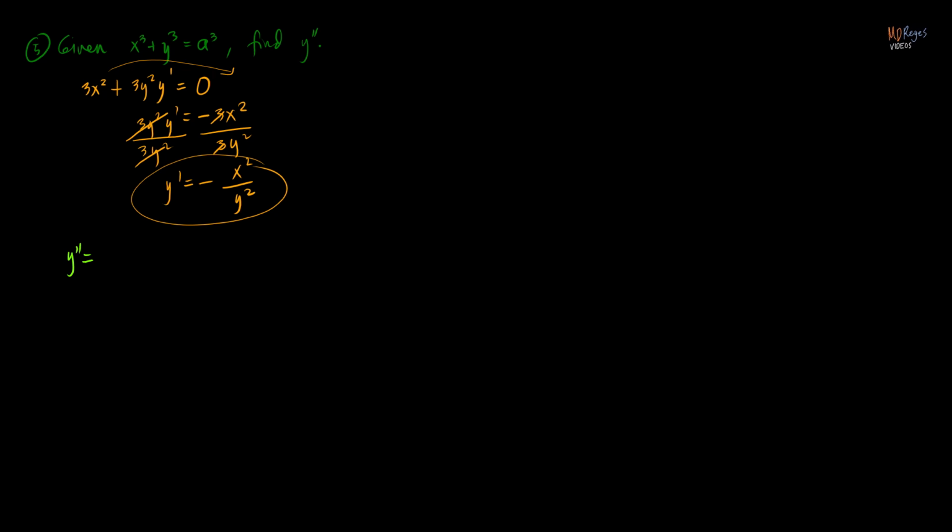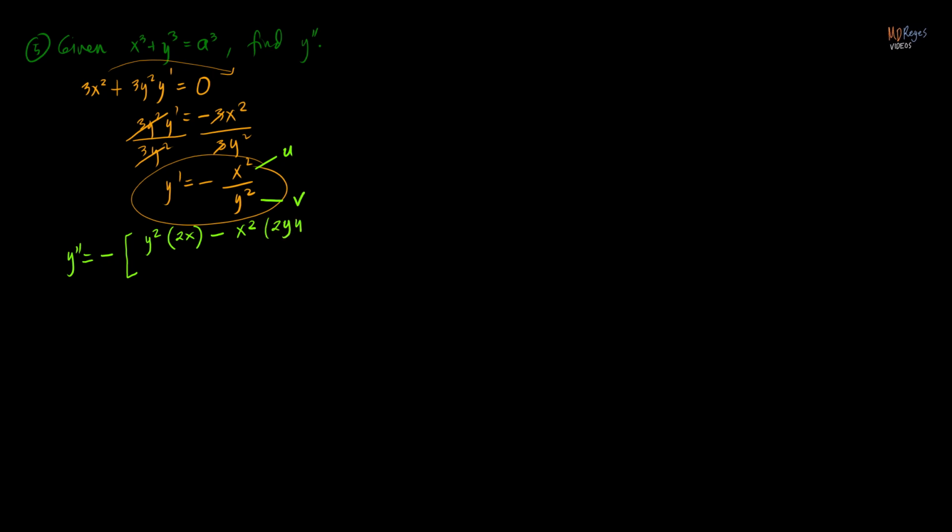On the right side, we need to use the quotient rule. So just set aside negative 1 and then use the quotient rule to differentiate x squared over y squared with respect to x. In this case, this is u and this is v in our quotient rule. So that's y squared times the derivative of u with respect to x minus u times the derivative of y squared with respect to x.